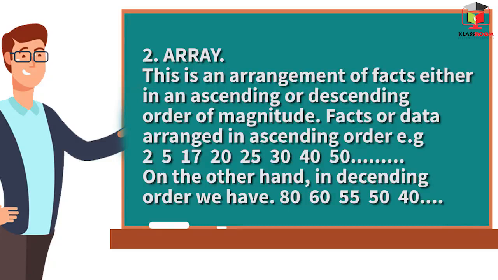Facts or data, when arranged in ascending order, look like 2, 5, 10, 17, 20, 25, 30, 40, 50, 55, 60, 80, etc. On the other hand, in descending order, we have 80, 60, 55, 50, 40, 30, 25, 20, 17, 10, 5, and 2.